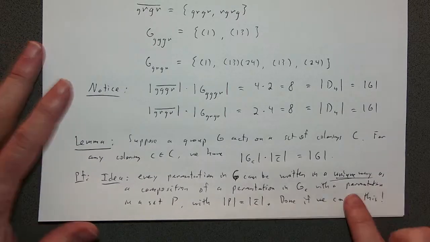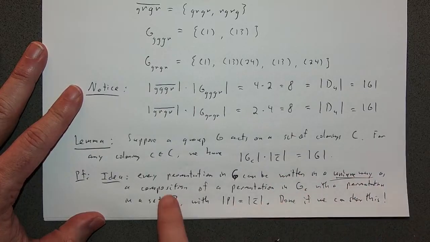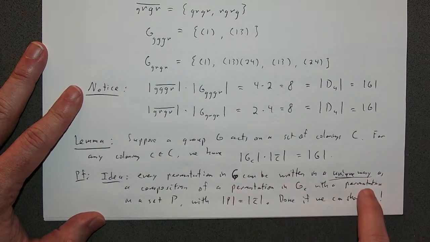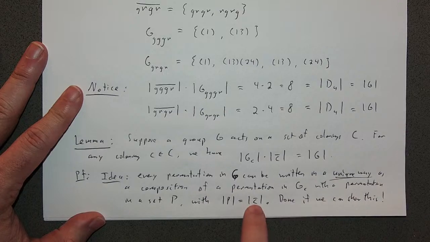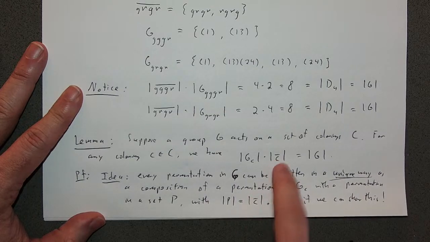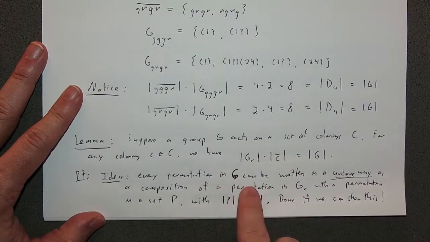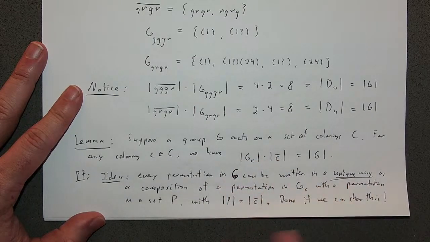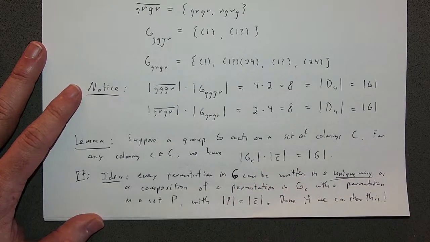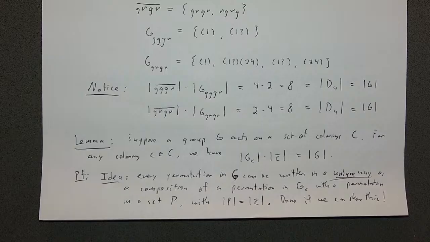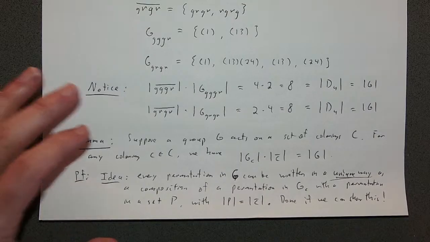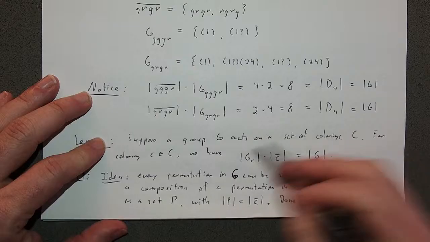So this can be written in a unique way as a composition of a permutation in the stabilizer with a permutation in a set having the same cardinality as this orbit set. You choose one, then the other. It's a sequential choice, so we're using the product rule to count the number of ways, and this is exactly the count that we get. So we're done if we can show that. That's what we're trying to show.